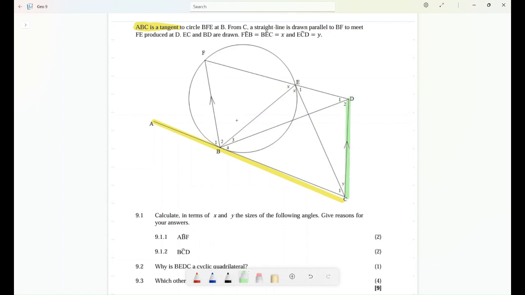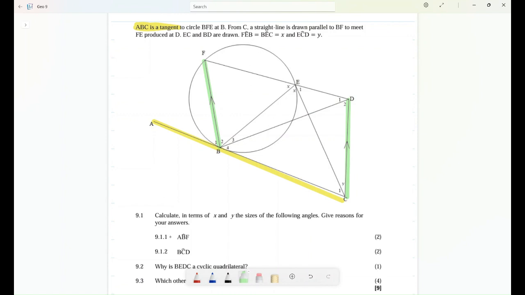That line is parallel to BF, like this. All right. Let me reread it. From C, a straight line is drawn parallel to BF to meet FE produced at D. EC and BD are drawn. All right, those are my chords, I want to believe.